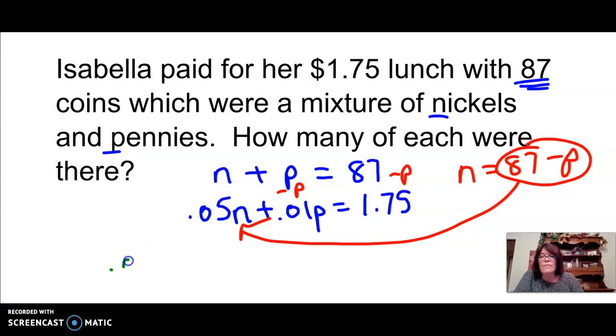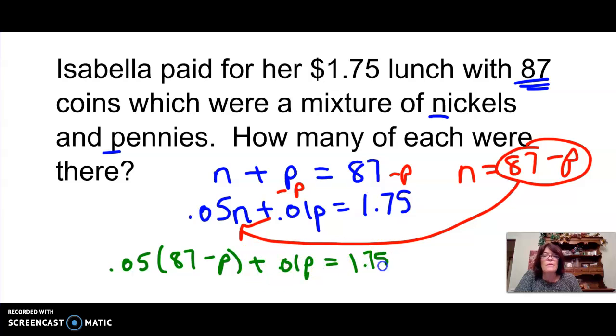So we have 0.05 times (87 minus P) plus 0.01 P equals 175. So 0.05 times 87 will distribute through here. 435 minus 0.05 P plus 0.01 P equals 175.